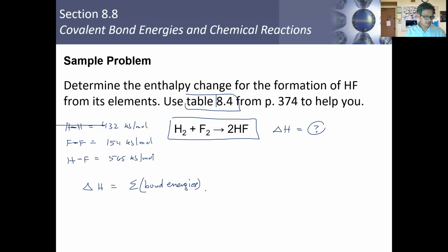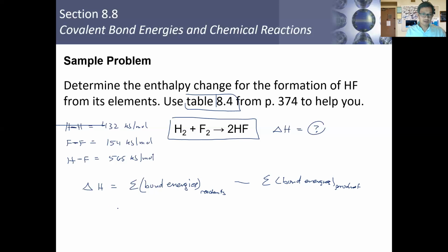So this bond energy here is going to be for the reactants, and from that we're going to subtract all the bond energies for the products. The capital Greek letter sigma means the sum. This negative sign right here will make all these energies negative, so don't put in the negative sign here.